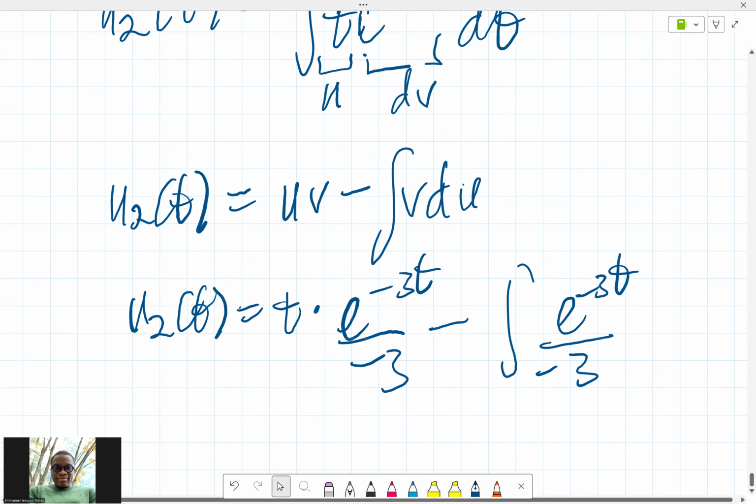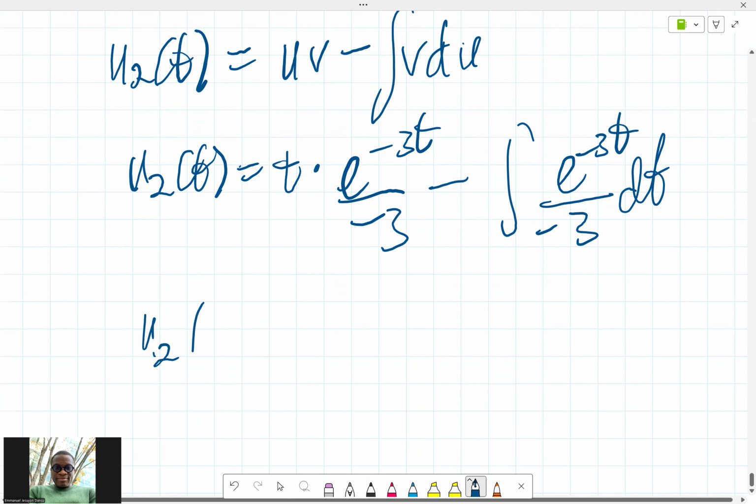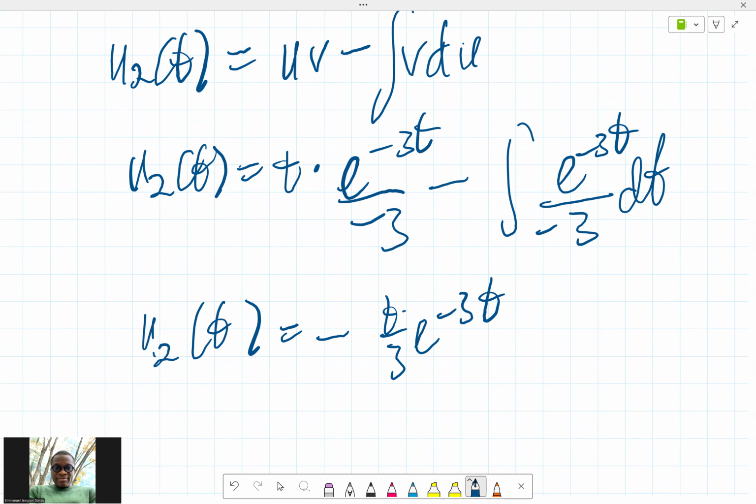Then du is just dt, because u is t. So u2 of t is equal to minus t over 3 e raised to power minus 3t. Minus and minus is plus. Then again, 1 over 3 e raised to power minus 3t. So that is u2 of t right there.